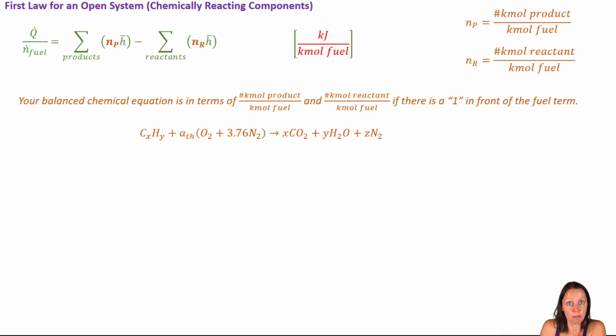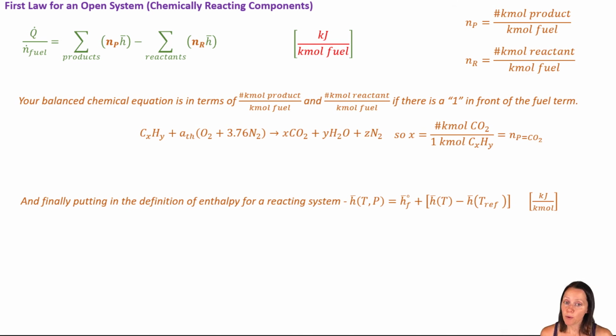That's the implied coefficient in front of that term. So X is the number of kilomoles of CO2 per 1 kilomole of my hydrocarbon fuel, and that would be the n with subscript p where the product is specifically carbon dioxide.